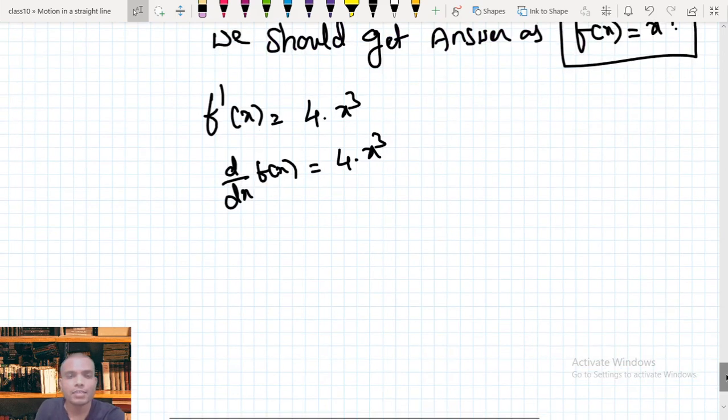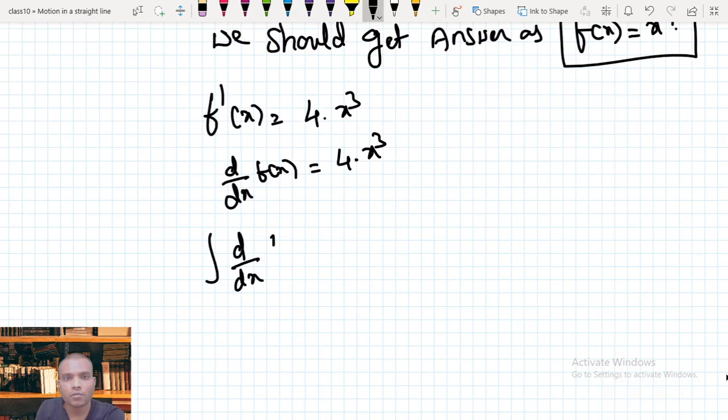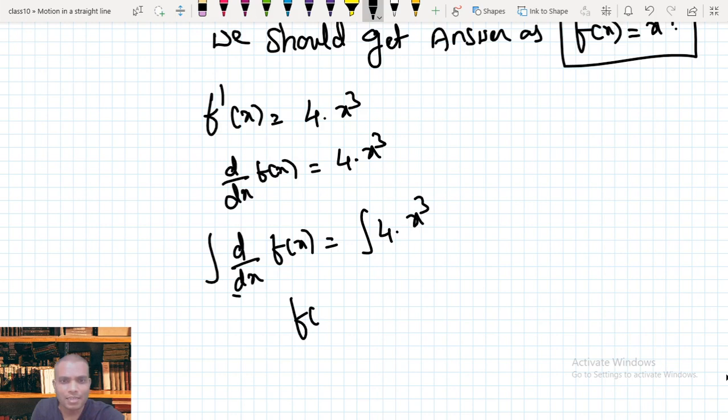Now if I do the integration to this, the integral of d by dx of f of x equals the integral of 4 times x cube. Here we can send the denominator dx to this side, so integration and differentiation both cancel. I can write this as f of x equals the integral of 4 times x cube dx.